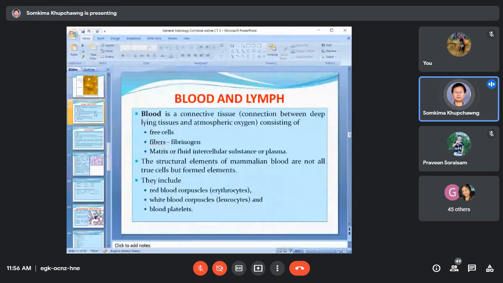Here, blood fits the definition of connective tissue. Connective tissue consists of cells, fibers, and the ground substance or matrix, right?